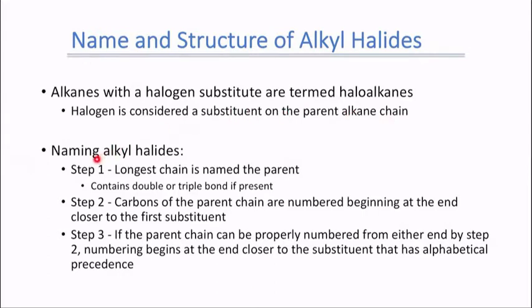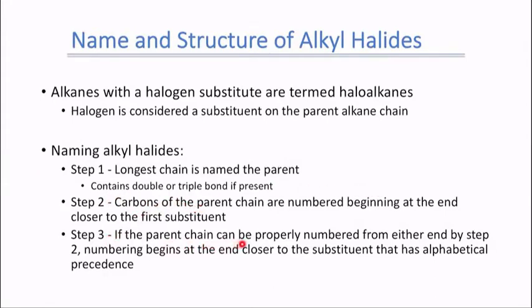So a couple steps when we're naming them. Step one, we've got to find the longest chain and name the parent, just like we have for alkanes and alkenes and alkynes. The longest chain should contain the double or triple bond if it's present. In the second step, the carbons of the parent chain are numbered beginning at the end closer to the first substituent.